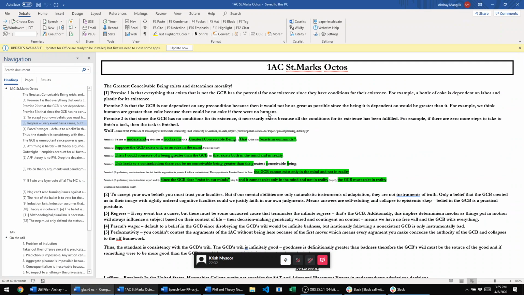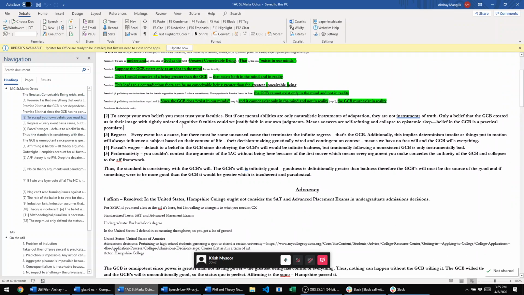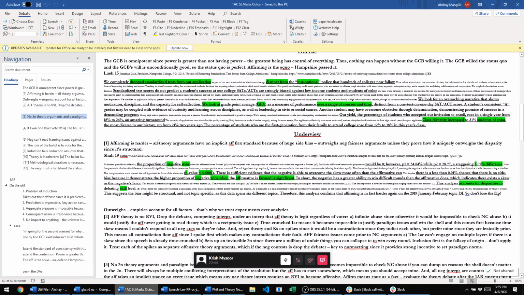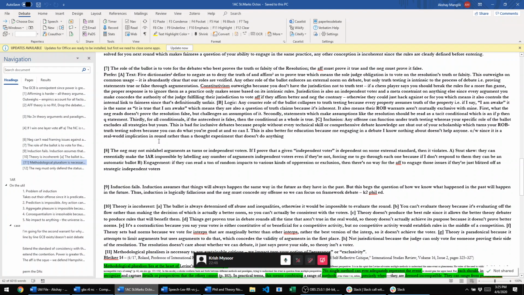Moving on to the GCBF, this is the St. Mark's Octos round. I won't go through the framework itself. It's just a philosophy that says that we ought to default to the status quo because it's what God wills. This is a very large 1AC underview.